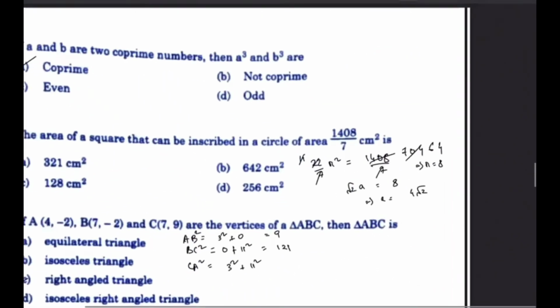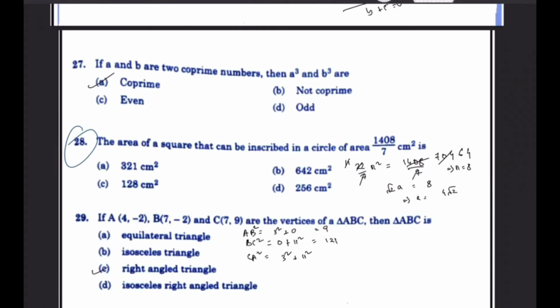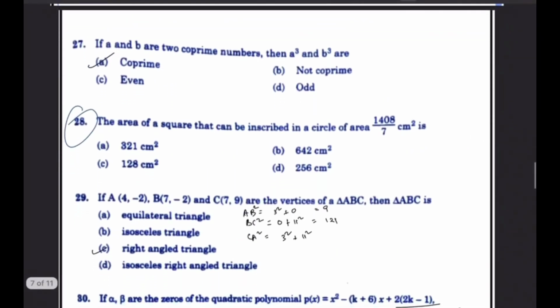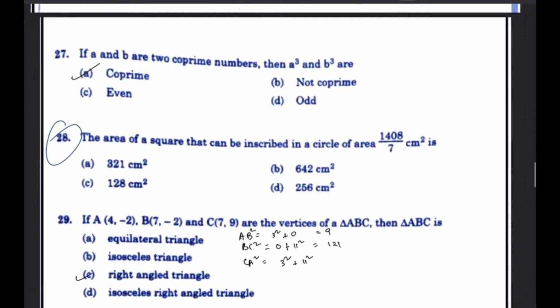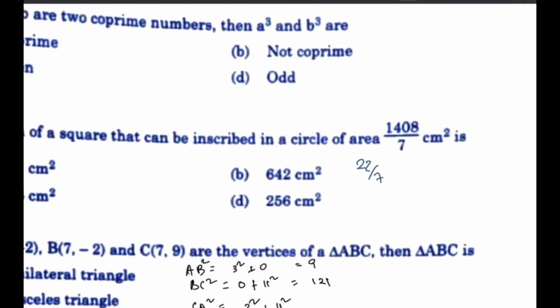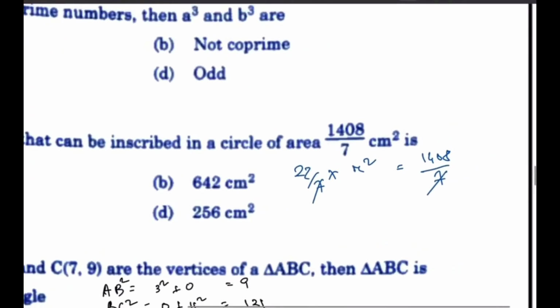Okay, area of a square that can be inscribed in a circle of area 1408 divided by 7. Let's see. So circle has area this much, so pi times r square is 1408 divided by 7. These get cancelled. So 11 times 2 is 22. 704. Okay. 64.